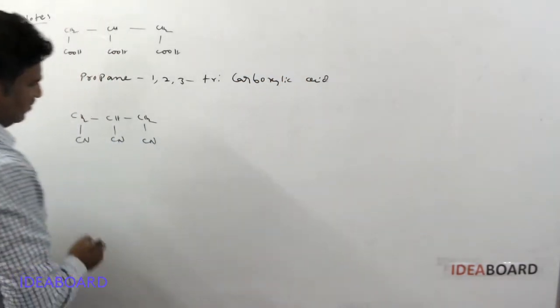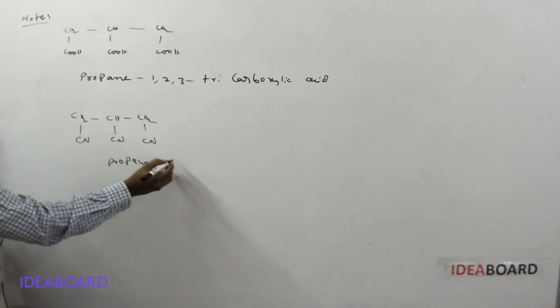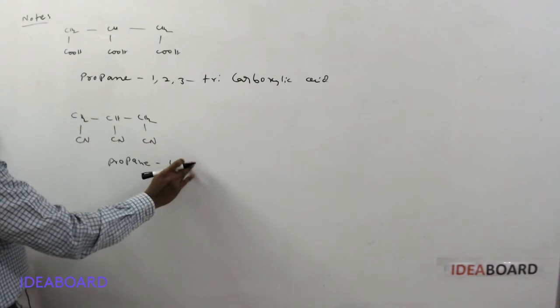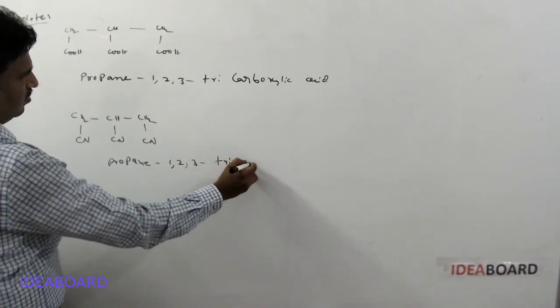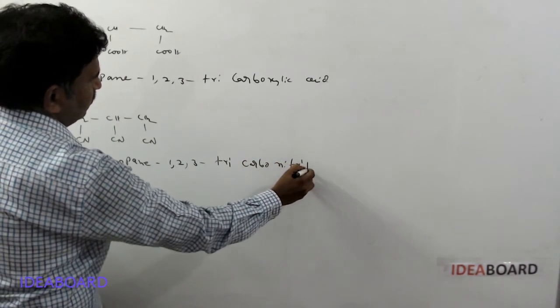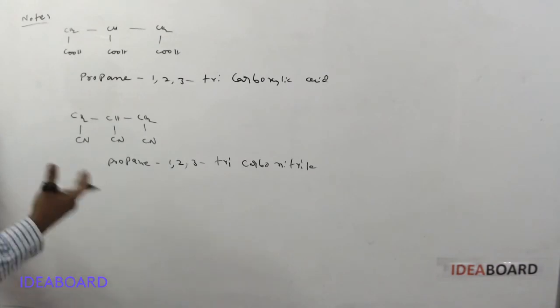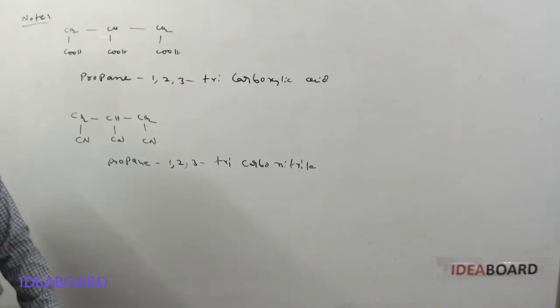Similarly for this also, it is written as propane-1,2,3-tricarbonitrile. This is called carbonitrile. If there is an aldehyde group, carbaldehyde. If there is an amide group, carboxamide.